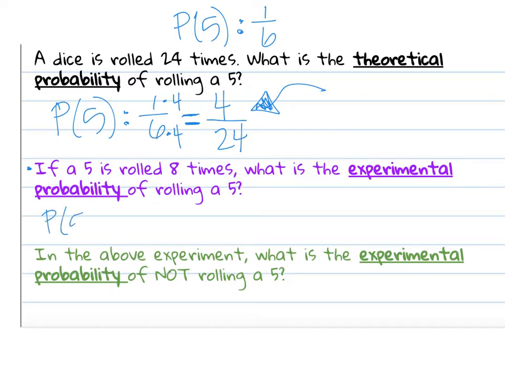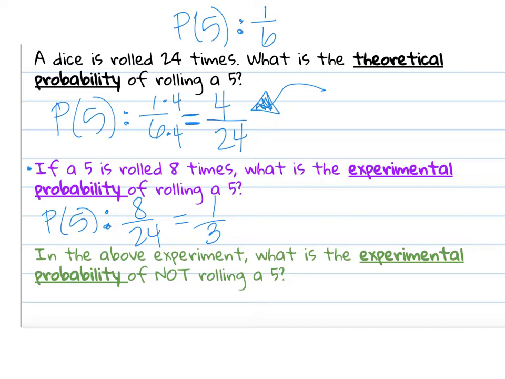So again, the probability of a 5 in this experiment would be 8/24, which then we can divide both sides by 8, so then we get 1/3. So that's telling me that I actually got a 5 1/3 of the time. So my experimental probability is greater than my theoretical probability.